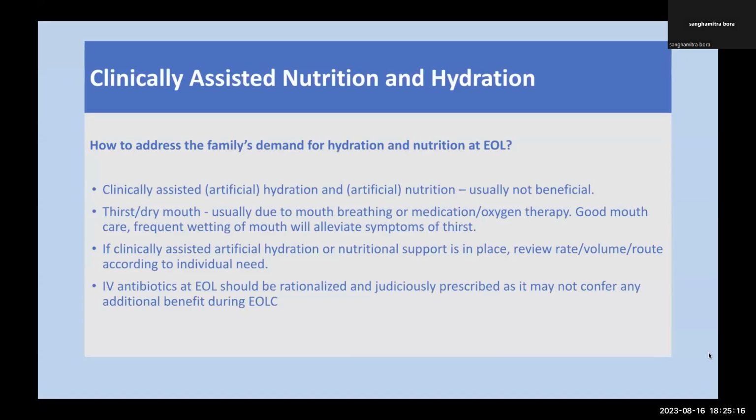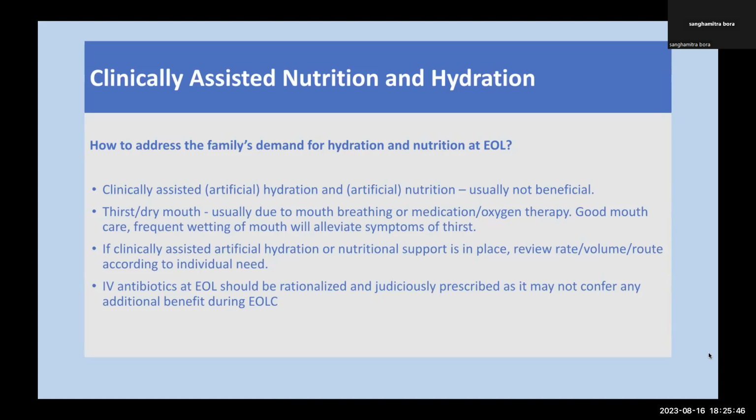A little bit about clinically assisted nutrition and hydration. I know it is a dicey point here, because many practitioners do actually give a lot of nutrition and hydration. For example, we give a lot of protein supplements and then a lot of hydration also.